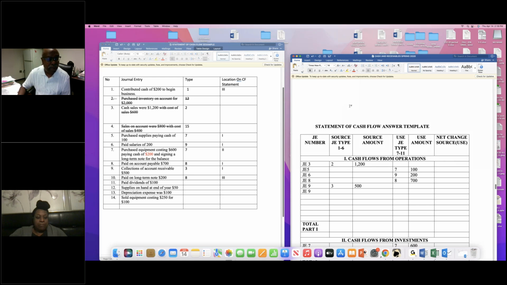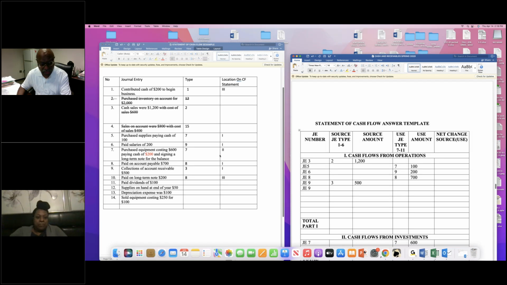Okay, then we get paid dividend. What's our type here? It's type 10. That's going to go where? Part 3 also.